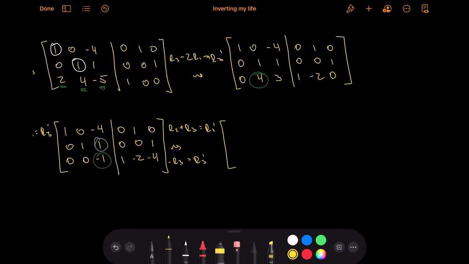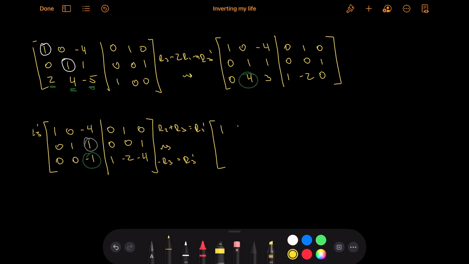And so what ends up happening is the top one remains unchanged, so 0, 1, 0. And then the second row, we just add the bottom row before it was multiplied by negative 1, so that would be 0, 1, 0. And then we're adding, so it'll be 1, negative 2, and then 1 minus 4 is negative 3.